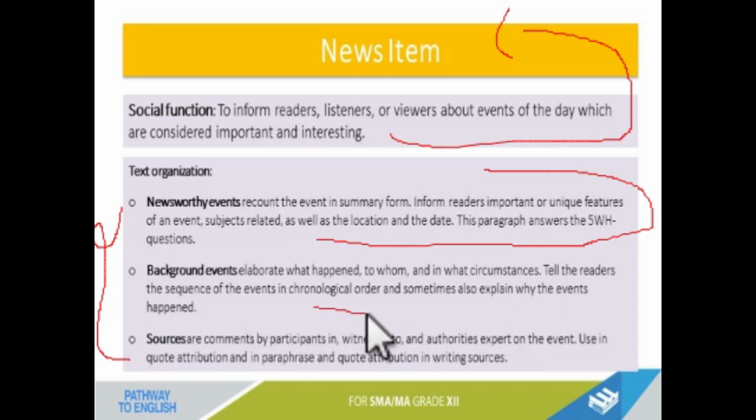So this is the background of your news, what happened. And then the last paragraph, sources. Sources are comments by participants in, witnesses to, and authorities or experts on the event. Use quote attribution in writing sources.